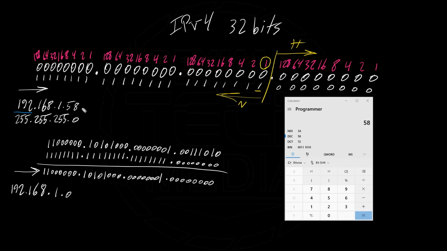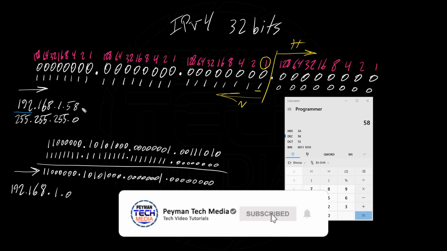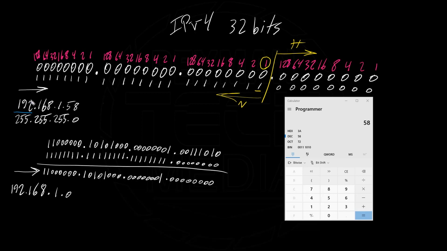In other words, we talked about earlier that when we see an IP address, by looking at the first octet we can tell what class this is. In this case 192, that's class C, and the default subnet mask for class C is 255.255.255.0. So this 255.255.255, that's the network portion, the network bits.